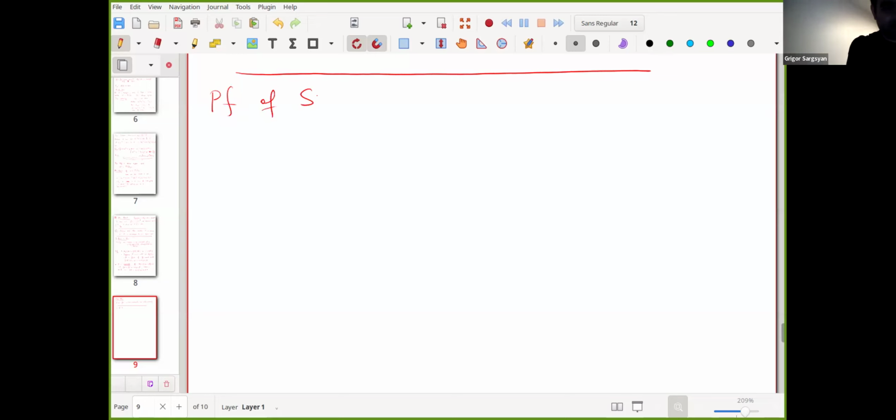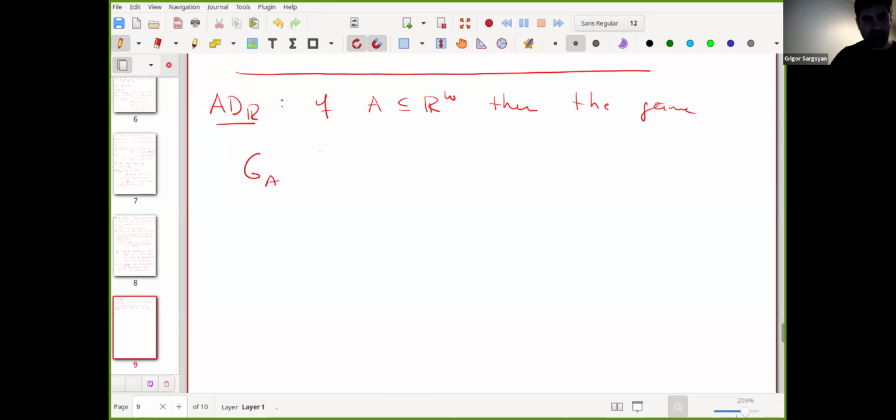Oh, I didn't tell you what AD_R is. Do you guys know what AD_R is? AD_R says that if A is a subset of R to the omega, then the game is determined.